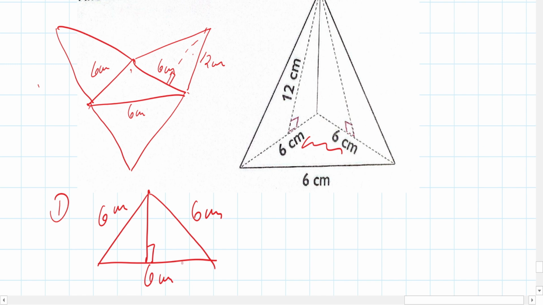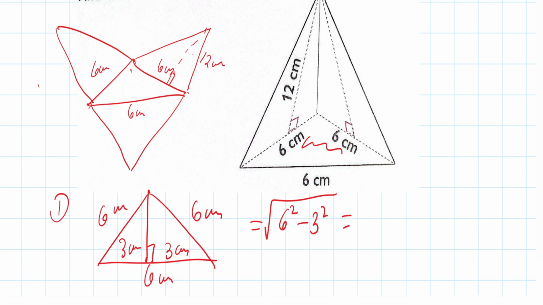Dividing 6 by 2 gives you 3 and 3, and using Pythagoras theorem, 6 squared minus 3 squared, then square root it to find the height. So it's 36 minus 9, which is 27, then root of 27 is going to give you 5.196. So 5.196 centimeter is your height.